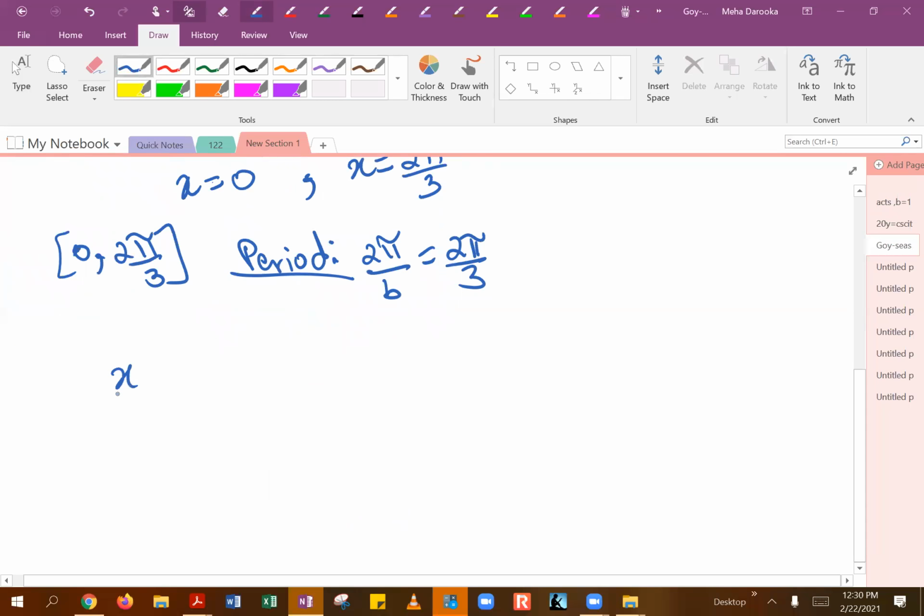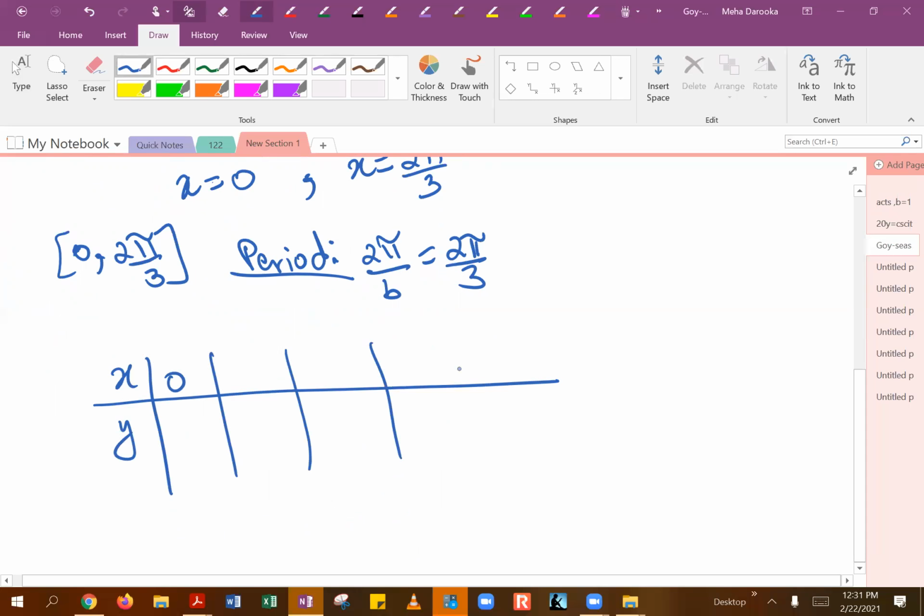All right, let's do our key points. So you are going from 0, and then we'll need to figure out what these middle numbers are, and we should end up at 2 pi over 3. So again, to figure out the increments, remember, you take the difference between your period interval. So 2 pi over 3 minus 0. You're breaking this up into 4 equal parts.